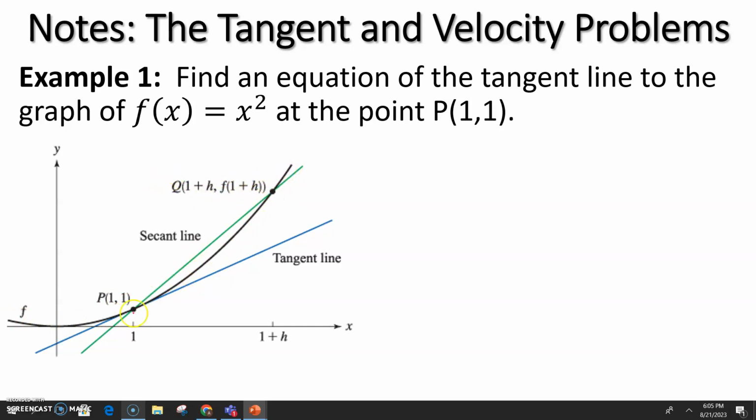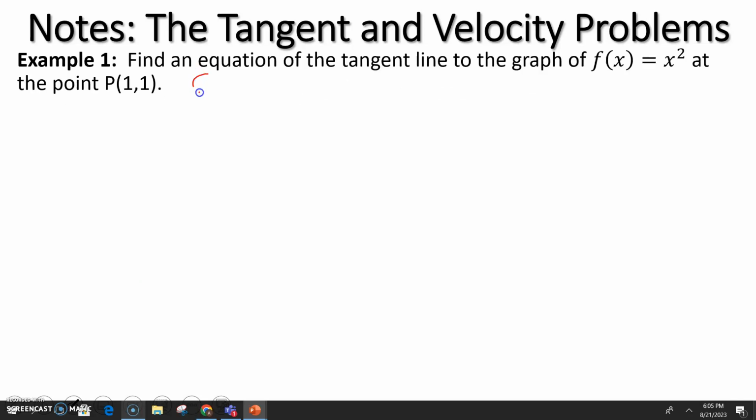If you think about what we did on Friday, remember the goal was to move point Q closer and closer to point P in such a manner that the green line slowly turned into the tangent line. So we're going to see if we can make that happen.